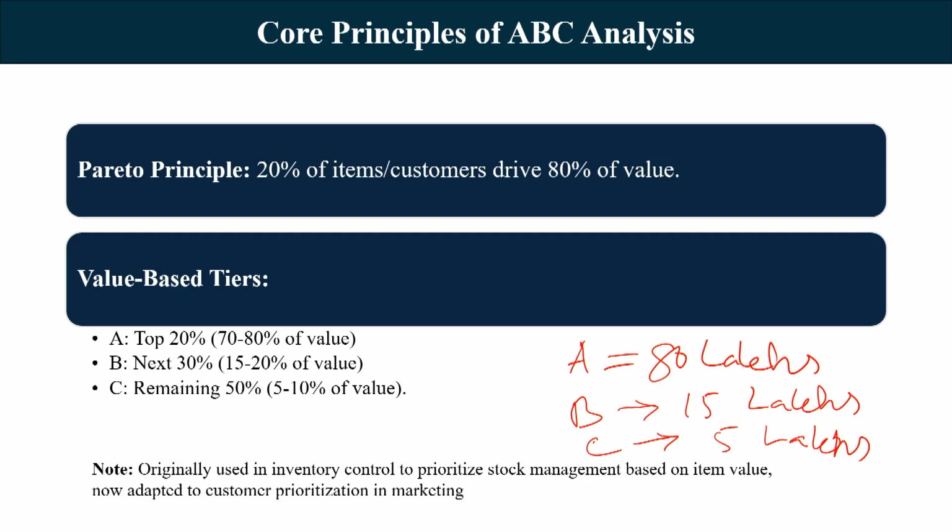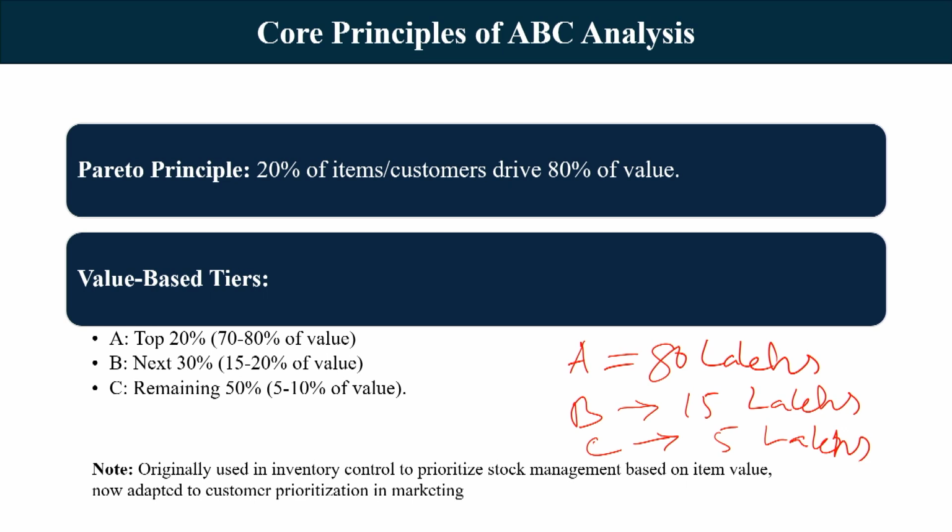Now, let us say we are losing 60% of our C category customers. The C category customers consist of 50% of the total customers. For ease of calculation, let us say that there are 100 customers. So, 20 customers will belong to A category, 30 customers to B category, and 50 customers to C category.